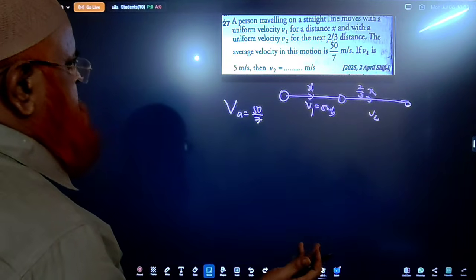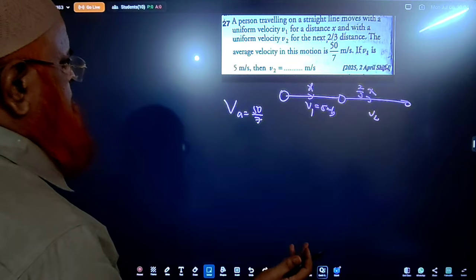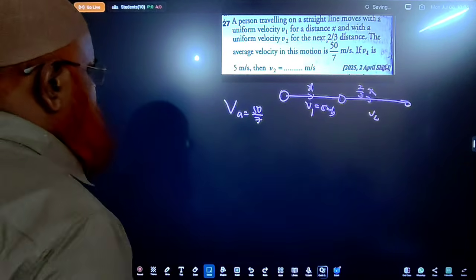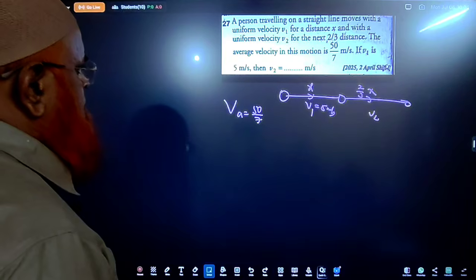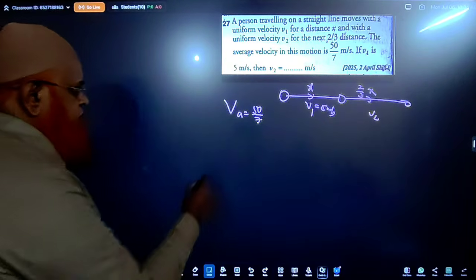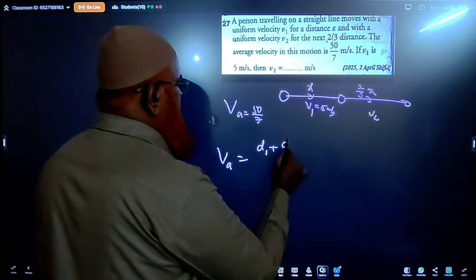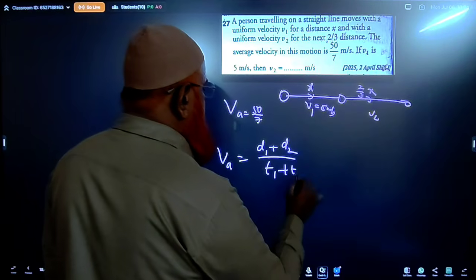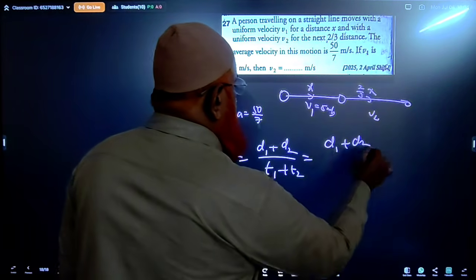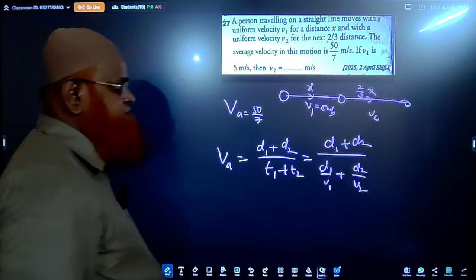Two-third of a distance, they are saying. What is v2? Average velocity. So v average is d1 plus d2 by t1 plus t2, that is d1 plus d2 over d1 by v1 plus d2 by v2.